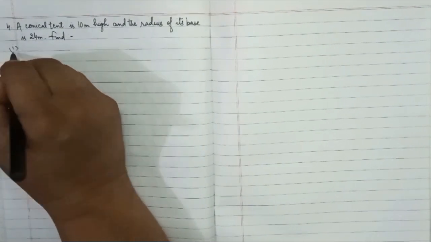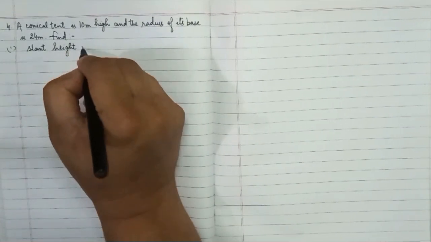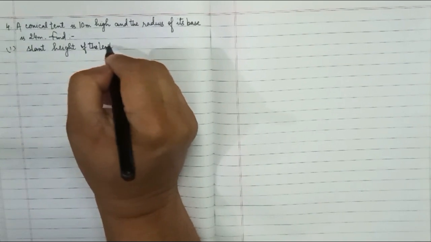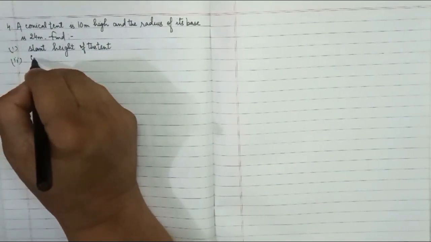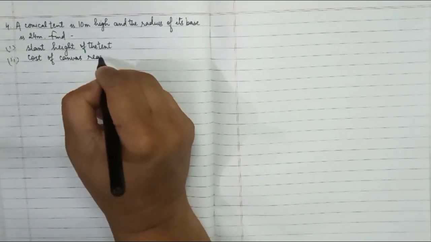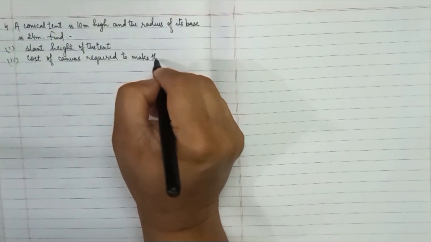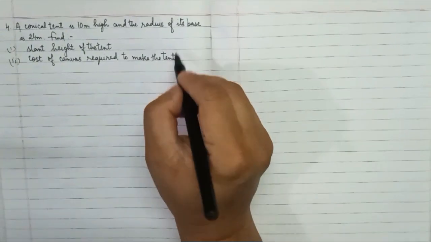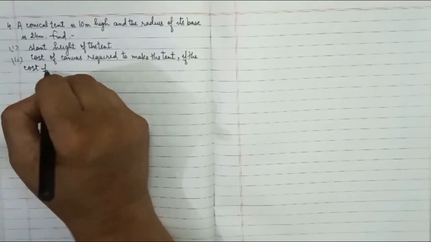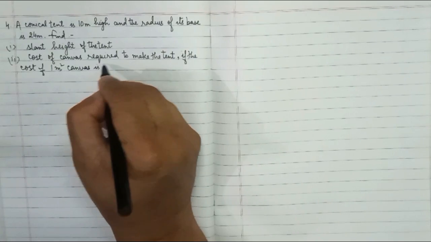Now find number 1, slant height of the tent, and number 2, the cost of canvas required to make the tent if the cost of 1 meter square canvas is rupees 70.